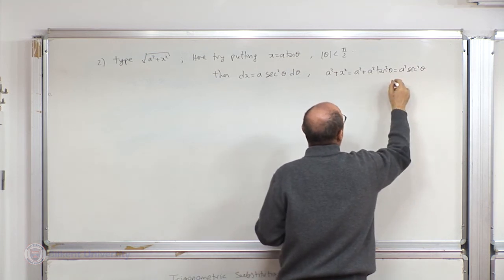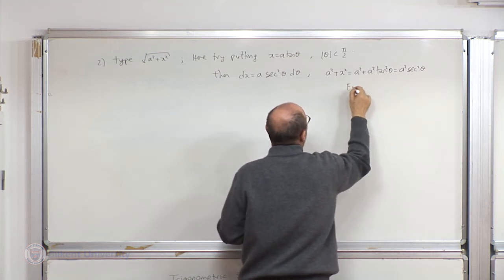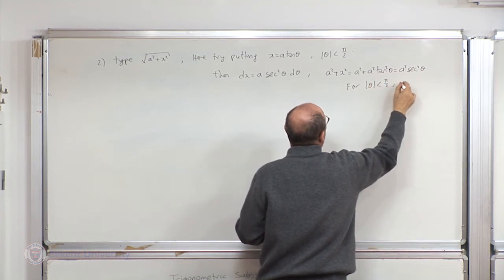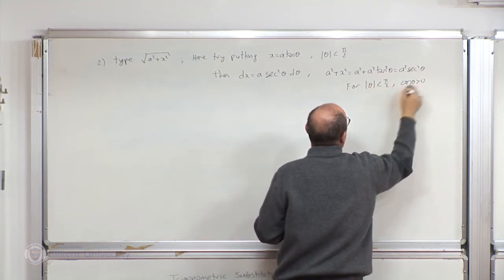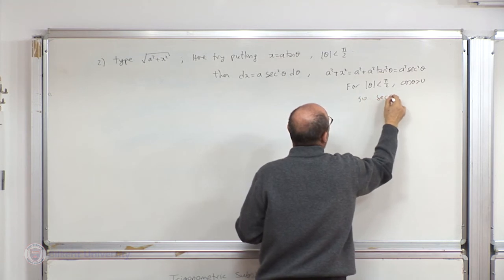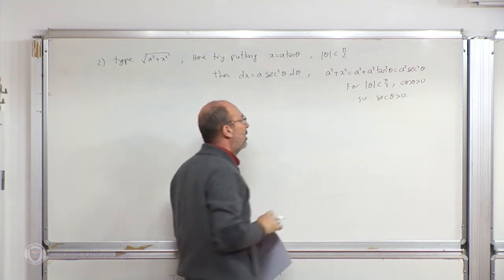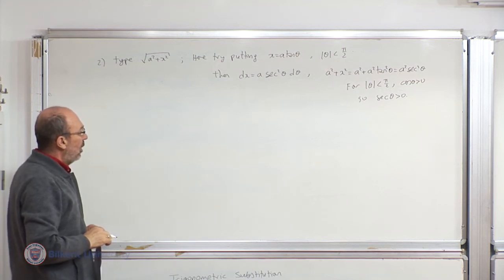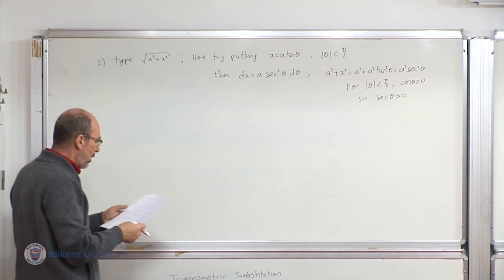In this range, for theta less than pi over 2, cosine theta is positive, so secant theta is positive. Therefore, when I take the square root of this, I will have positive secant theta.